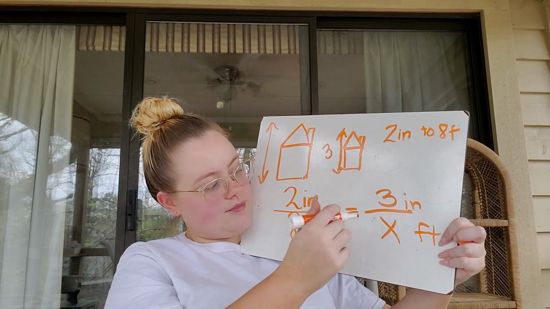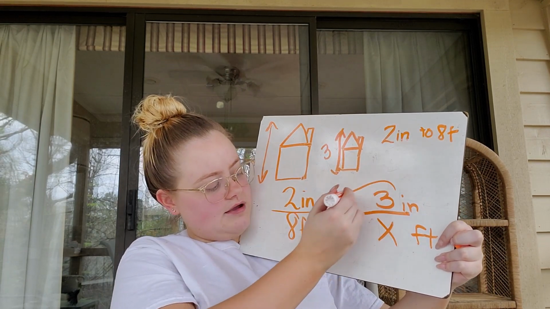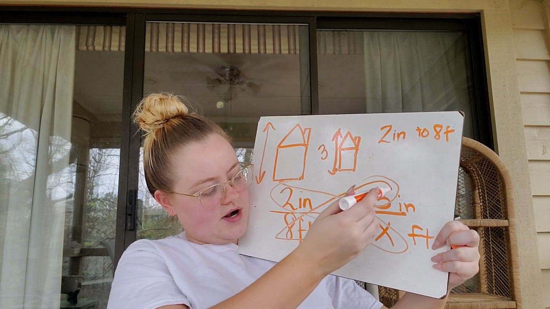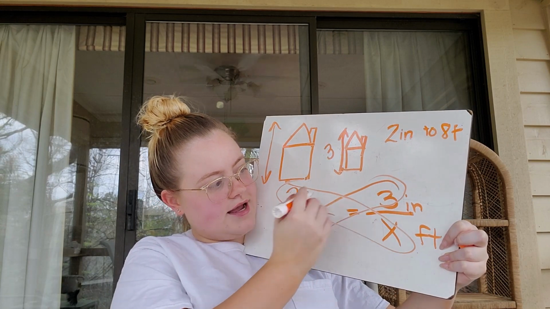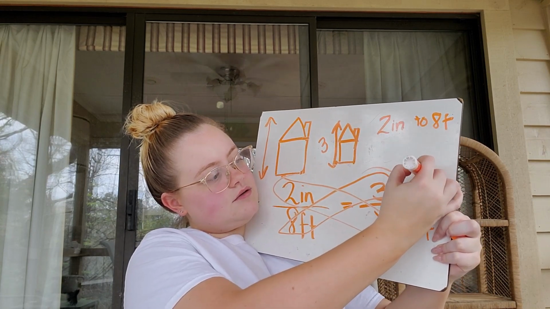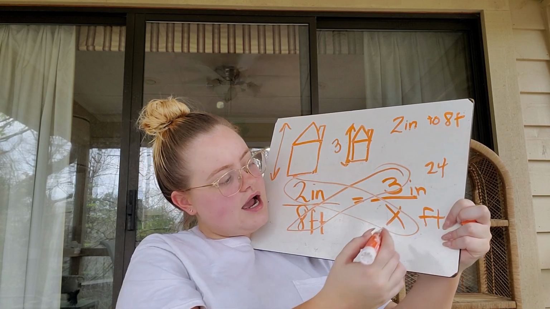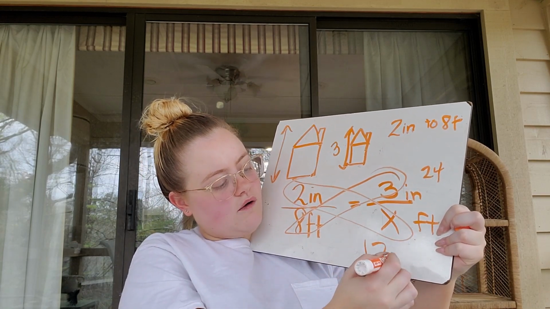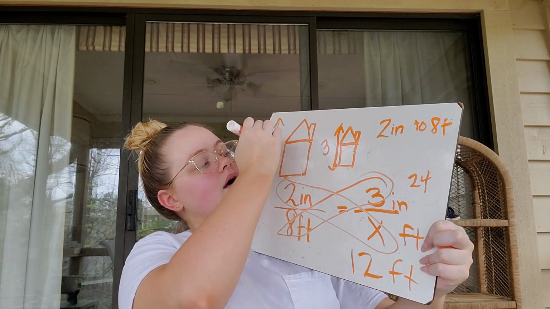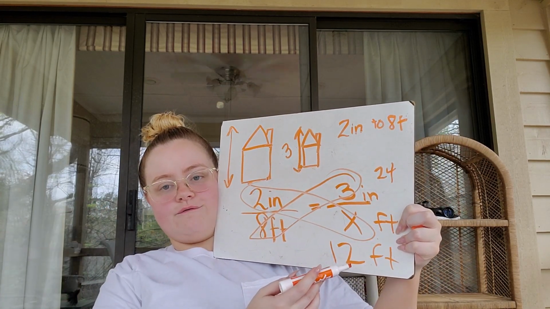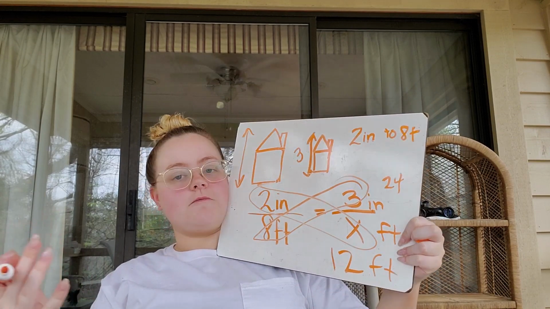So, same thing I've been doing. I'm going to circle my diagonal, and I'm going to multiply. 3 times 8 gives me 24, and dividing that by 2, I'm going to get 12 feet. So, the height of this house is going to be 12 feet, okay? It's super simple. That is what we are doing.